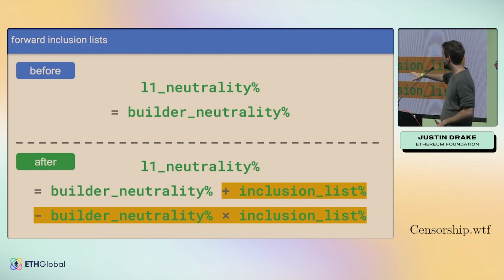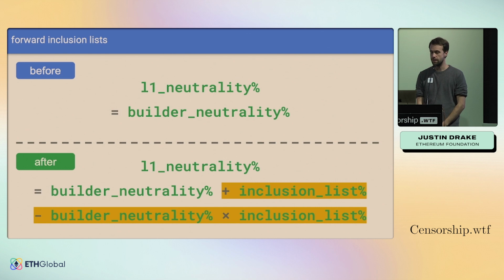Then basically half plus half is 1, but then there needs to be a corrective factor when they overlap. So 1/2 times 1/2 is 1/4, so you subtract 1/4, and basically we'd be up to 75% of neutral block space on Ethereum. So with inclusion lists, we can significantly improve the layer 1 neutral block space dominance.